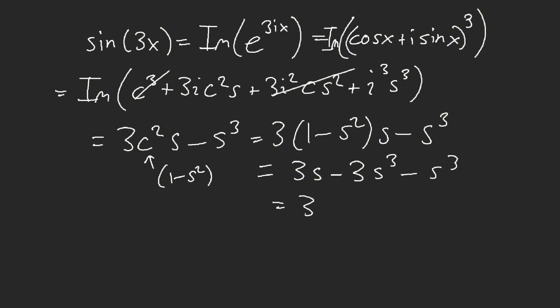And this is where sine 3x is equal to 3 sine of x minus 4 sine cubed. So this is how you remember it. For emergency purposes, if you don't remember sine 3x, this is where it comes from. And as you can see, it's 4 sine cubed.